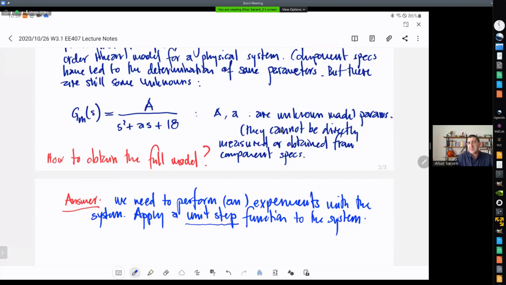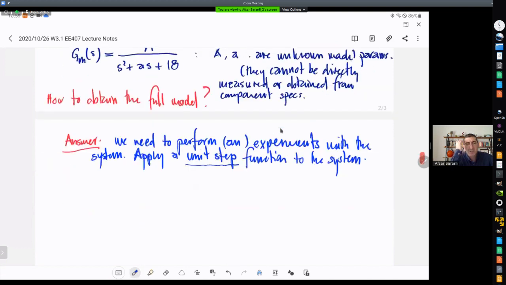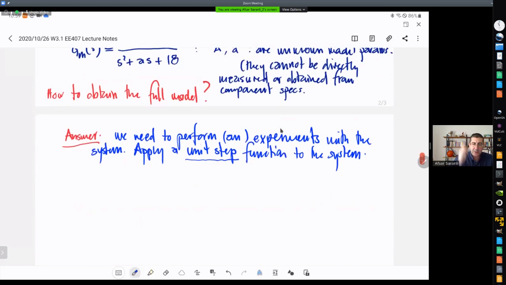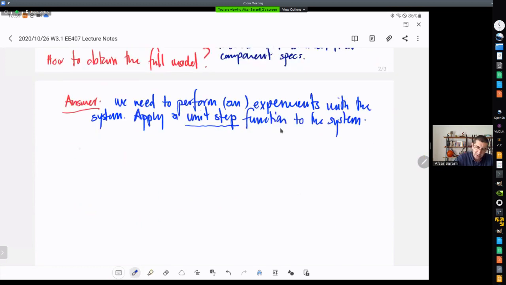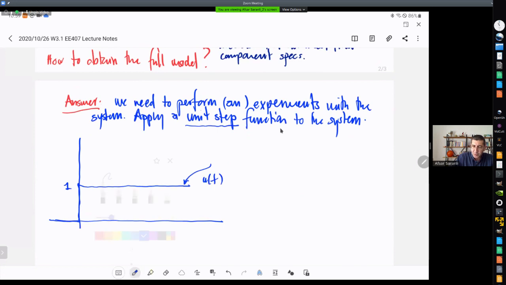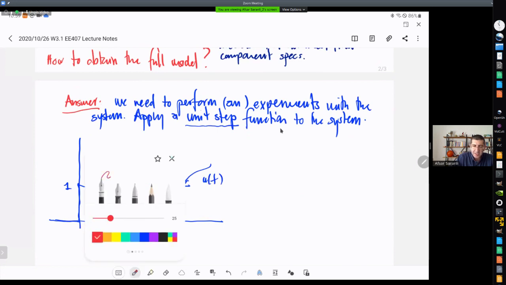Since this is a second order system, we will have our usual response, right? So we will have, let's say this is our unit step, this is our u of t. And the system's output is going to have a different shape.